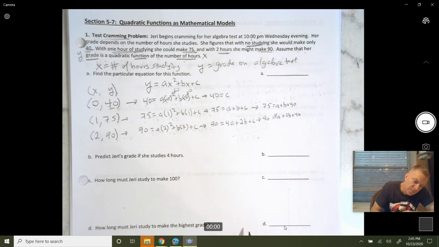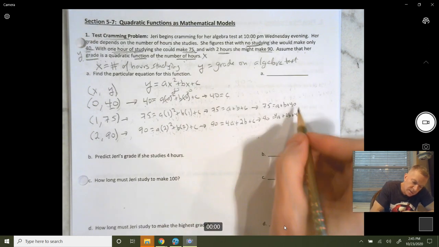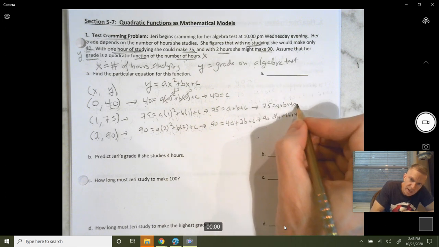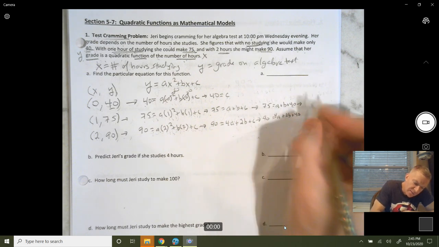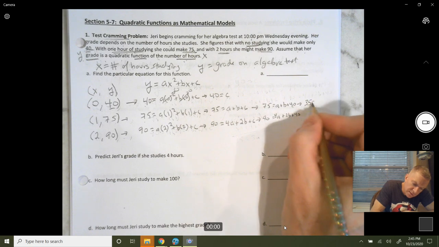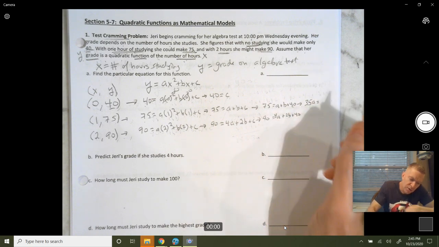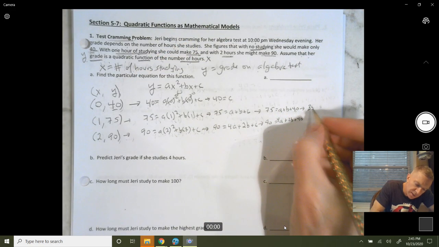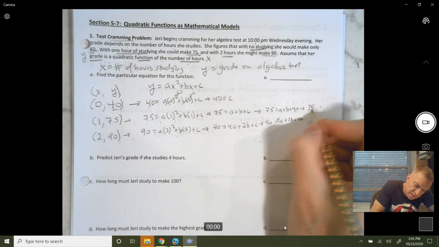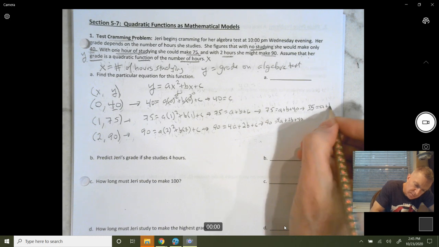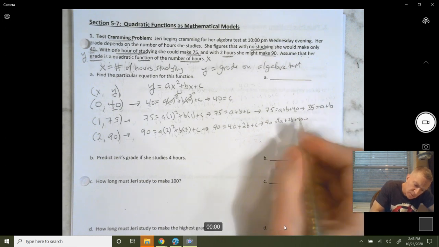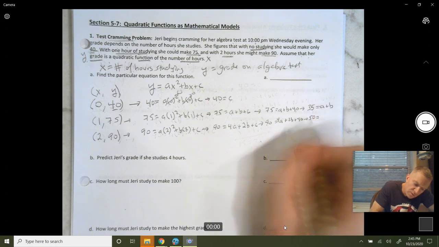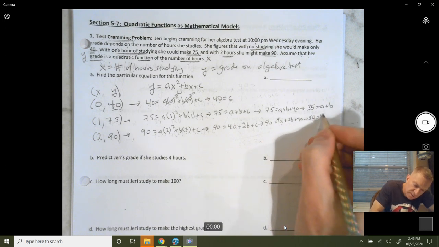Okay, and let's simplify this equation. So that 40 could get subtracted over there. So then I get 35 equals a plus b. And from this one, I'll subtract 40 from both sides, and I get 50 equals 4a plus 2b.